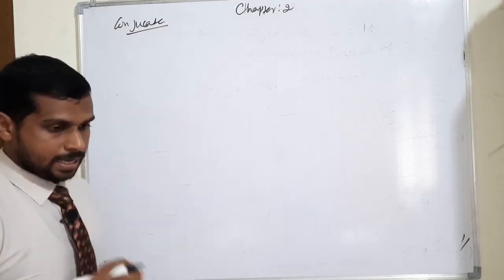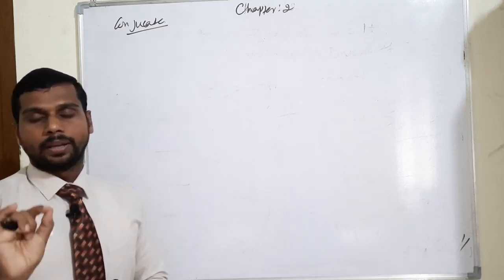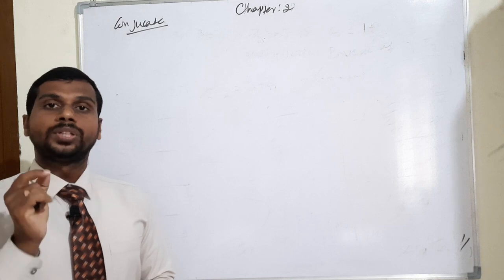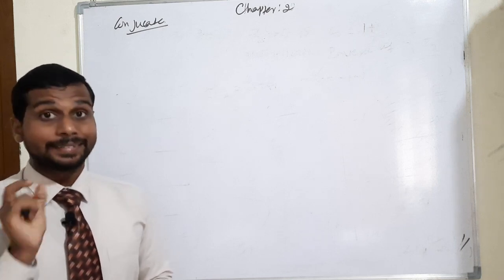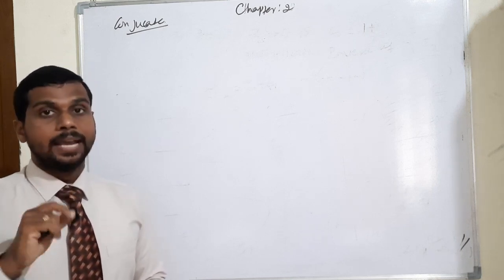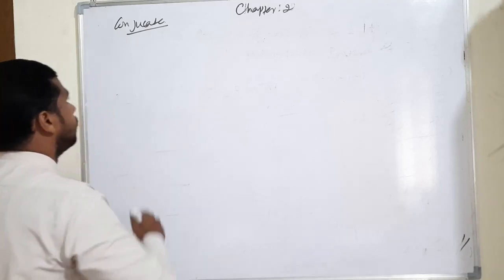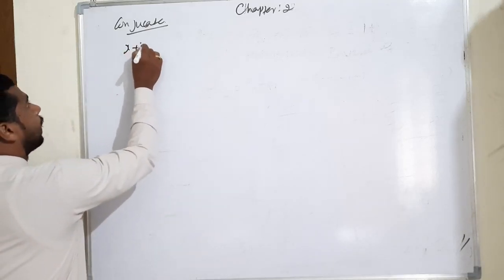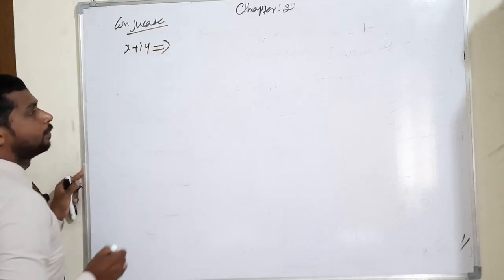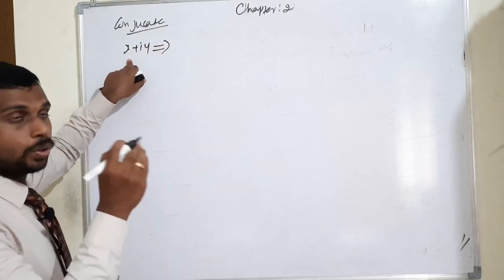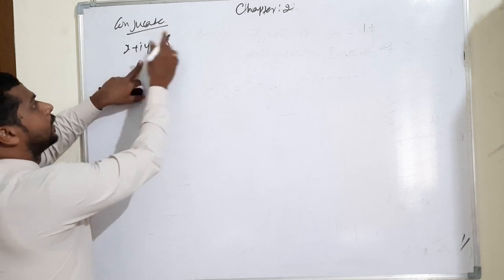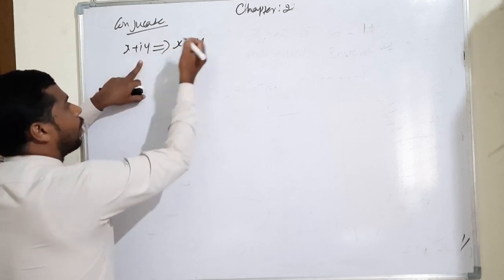Conjugate means, what you have to do is change the sign of the imaginary term only. That is called conjugate. For example, if I have one complex term x plus iy, to convert to the conjugate you have to change the sign, so x minus iy.